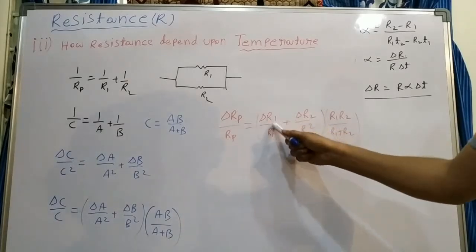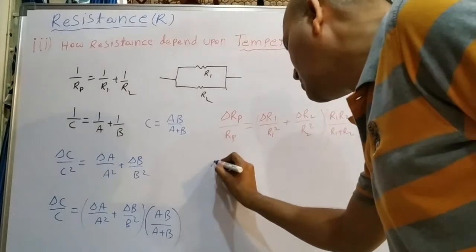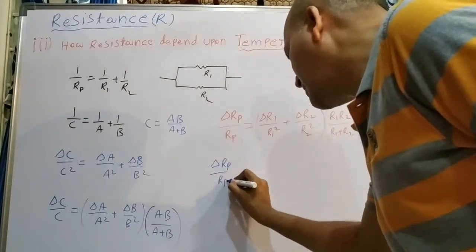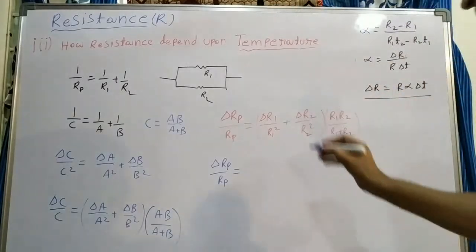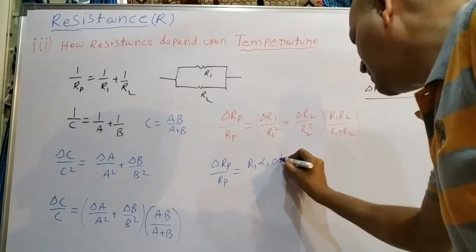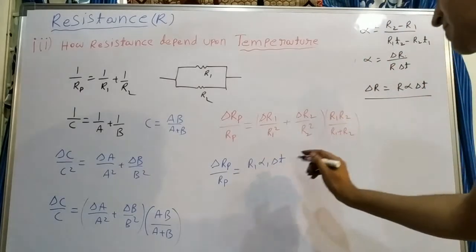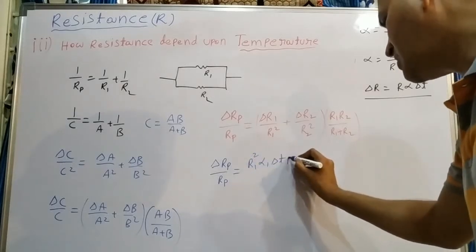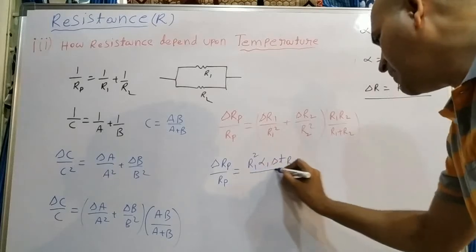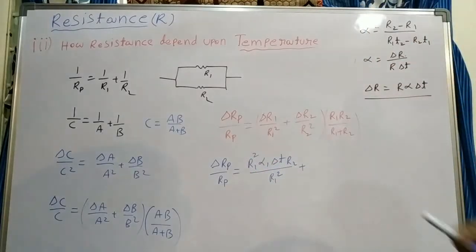Now what is delta R1? Delta R1, from this formula, is R1 alpha 1 delta T. From outside we get R1 R2. So that is R1 square R2 here by R1 square, plus, what is delta R2?